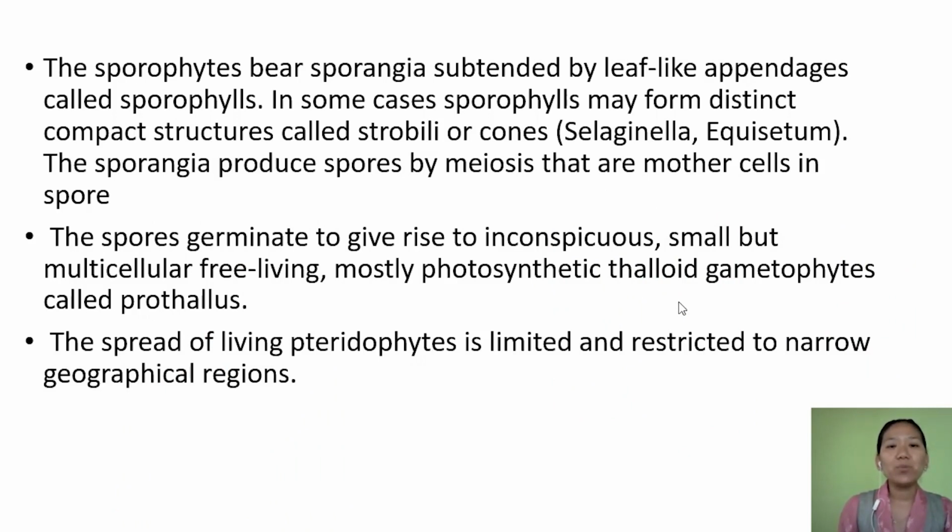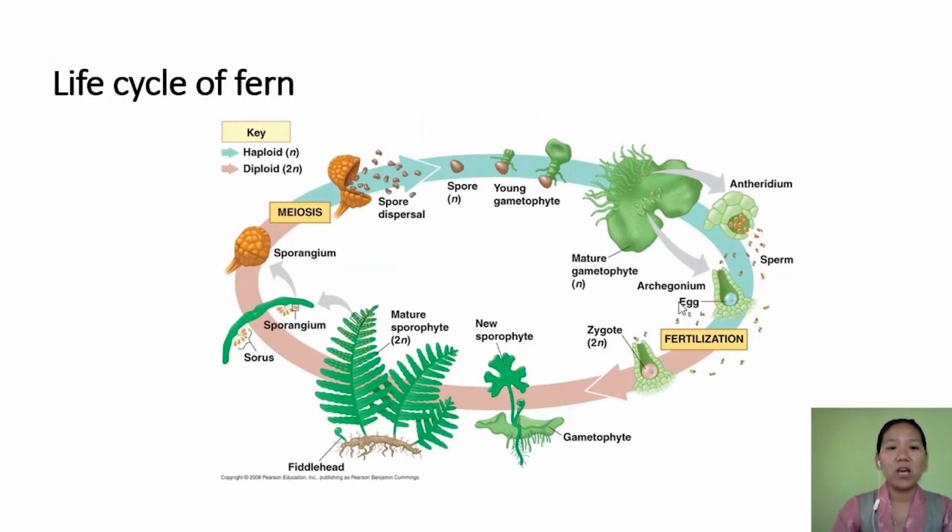In some cases the sporophyll may become compact and form a distinct structure called a strobilus or cone, for example in Selaginella and Equisetum. In the sporangia, meiosis takes place to produce haploid spores, and these spores will germinate.